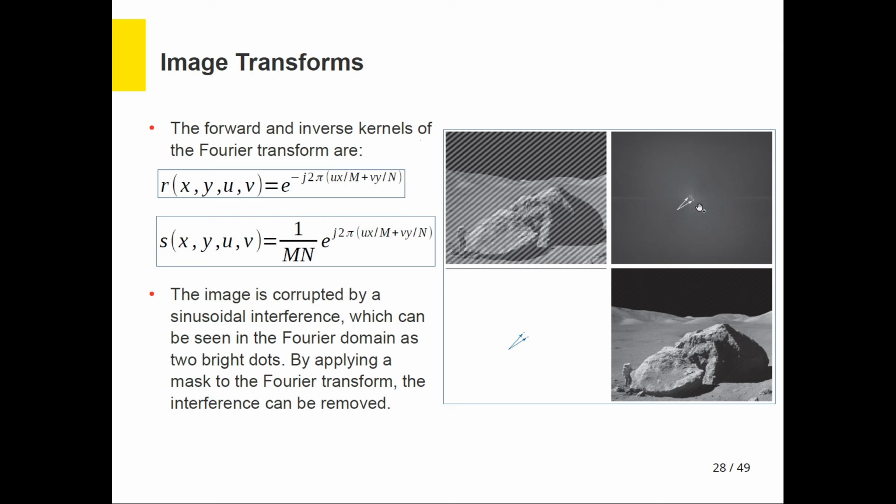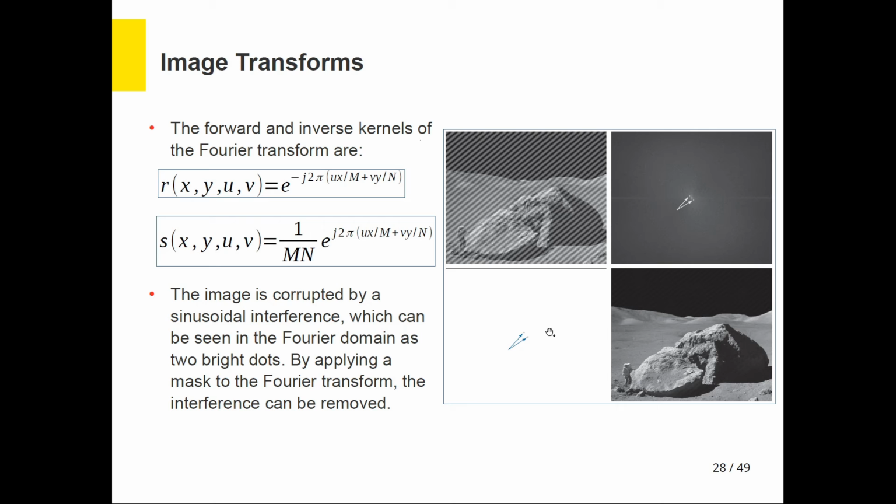So what we do is that we define a mask with all the regions being white and only the two small points that are corresponding to the 2 pixels that are representative of the sinusoidal interference to be black.